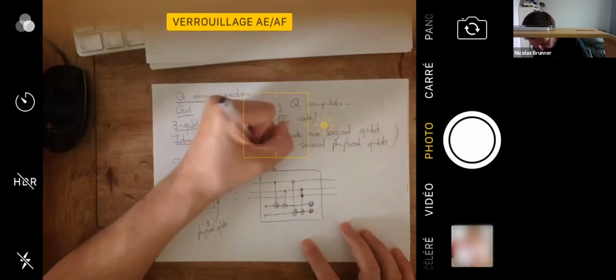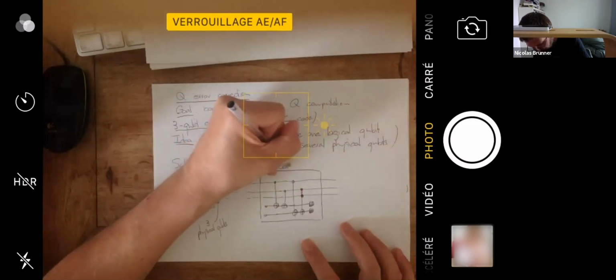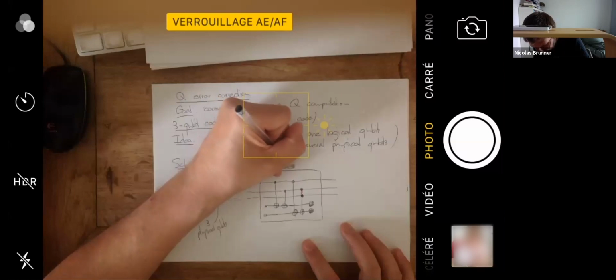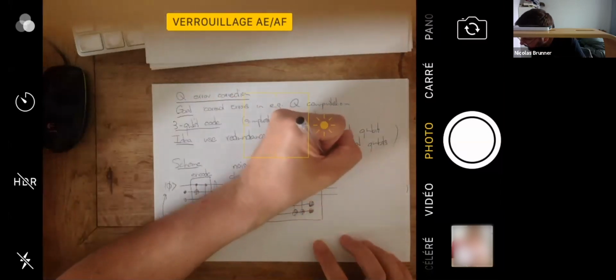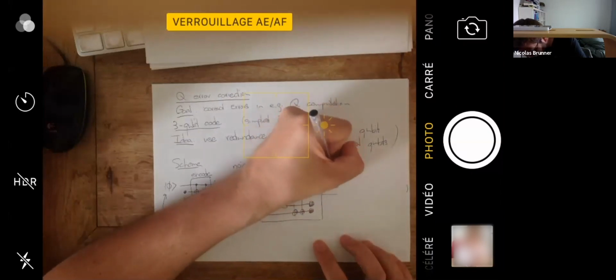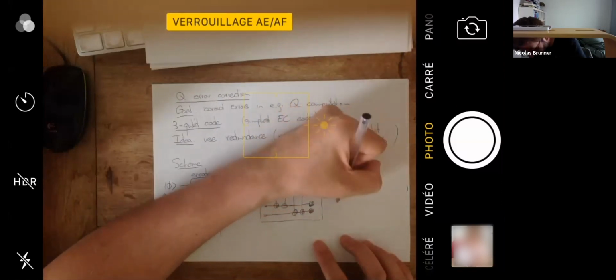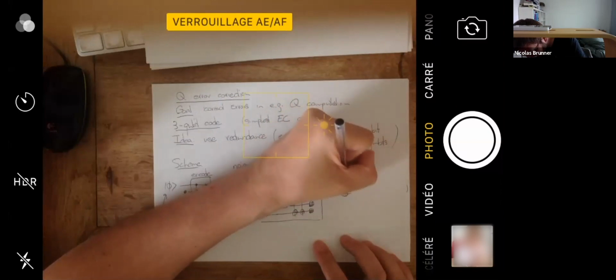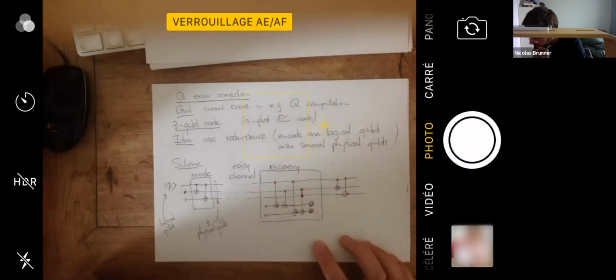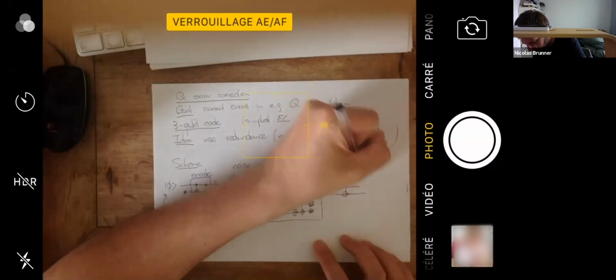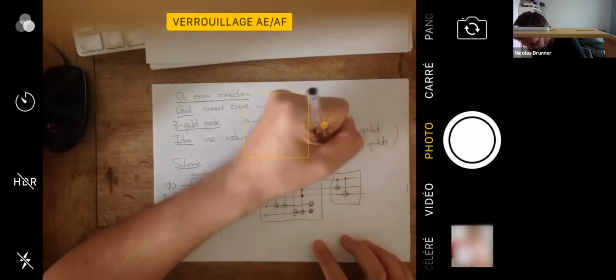That is the recovery box, the recovery operation. And in the final bit, I have the decoding. And this is the decoding here.